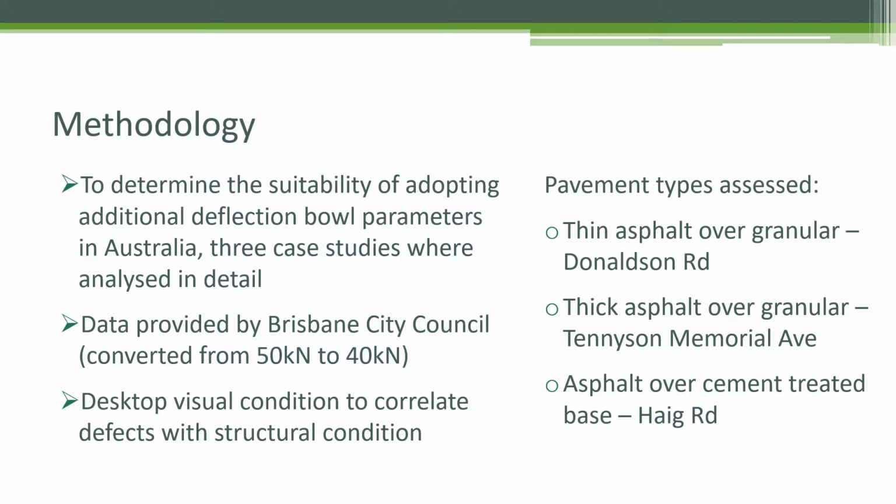The 3 case studies that were examined in detail were selected due to the different pavement types that they represented. We had thin asphalt over granular, which was Donaldson Road, thick asphalt over granular at Tennyson Memorial Avenue, and also asphalt over a cement-treated base, Hague Road.